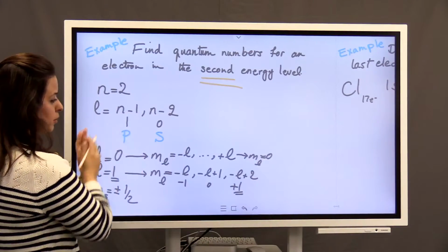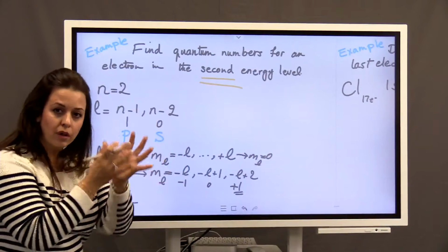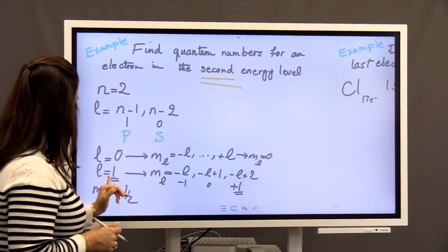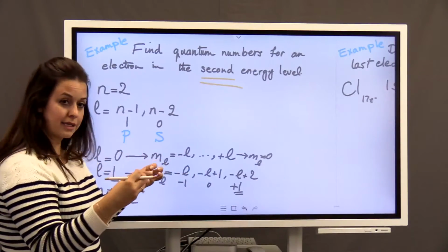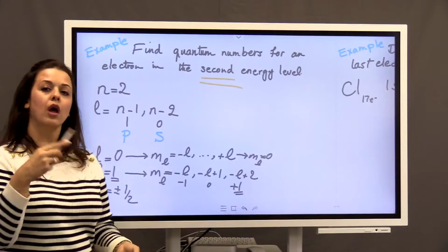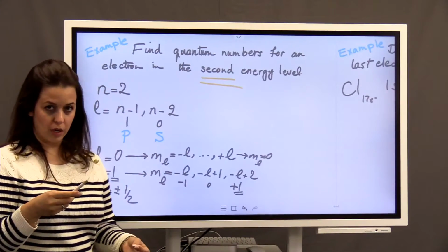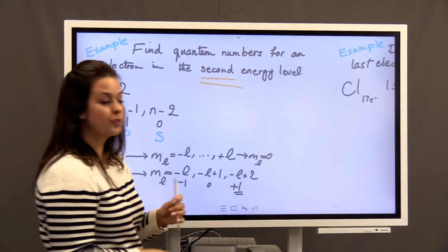If it is in s orbital, there is just one possibility to travel inside the sphere. If it's in the p orbital, then it can be along the x-axis, y-axis, or z-axis. And it can spin clockwise or counterclockwise. So we're trying to locate that electron as much as we can.